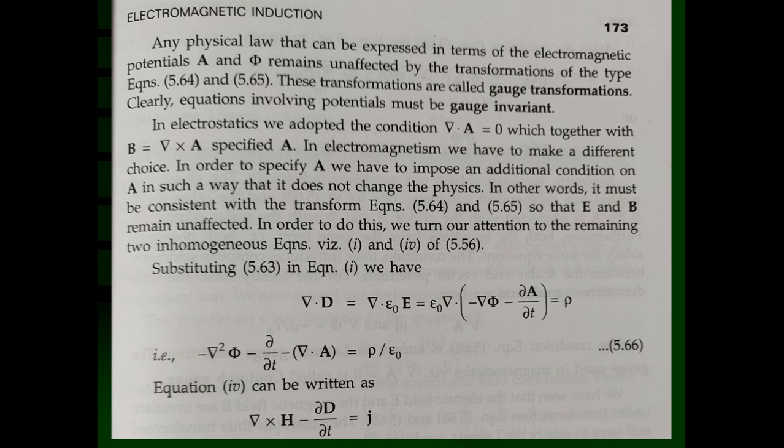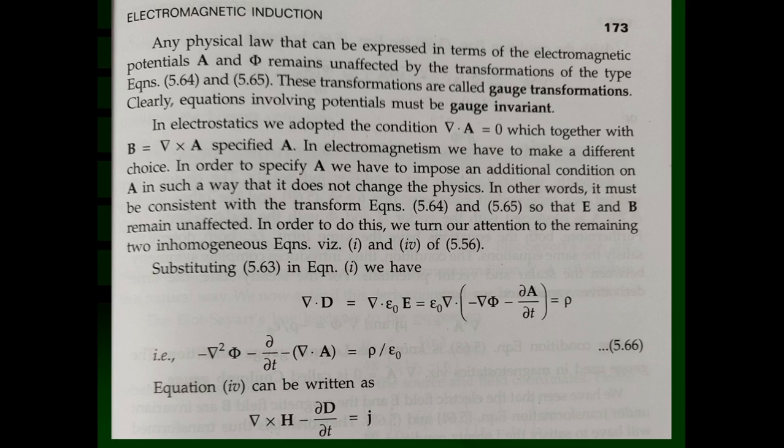In electromagnetism, we have to make a different choice. In order to specify A, we have to impose an additional condition on A in such a way that it does not change the physics. So it was good up to static conditions, that means when the electric and magnetic fields are only position dependent and independent of time.